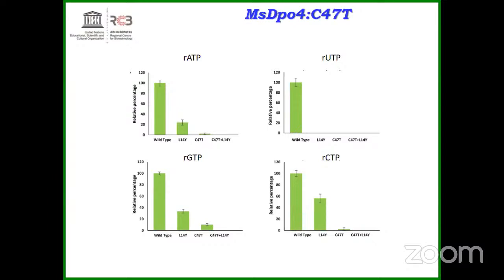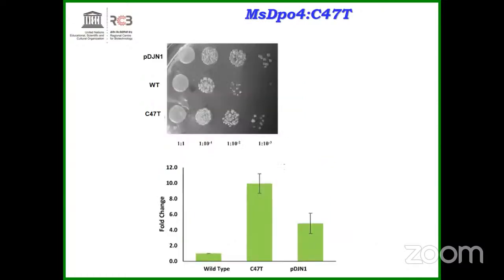And since ribonucleotide incorporation is lethal for the bacterium, if she overexpresses MSDPO4 in E. coli, cells die. But if she overexpressed the C47T mutant of MSDPO4, they were able to survive quite a bit.